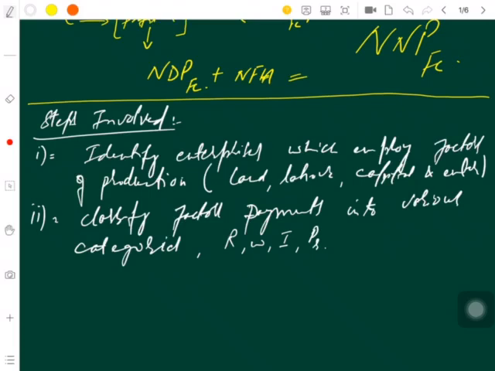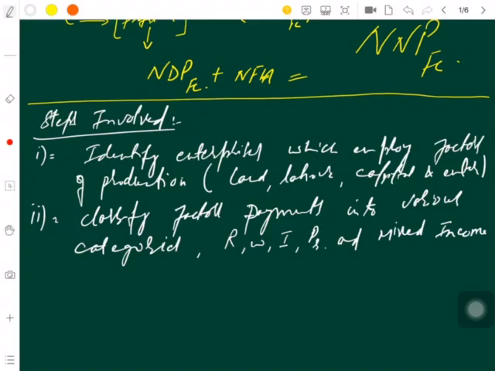After you are able to classify factor payments into these, you must bear in mind that we do not only look into these four things. One more concept evolves, and that is mixed income. There is also one more concept in the economy called mixed income, that is to be classified also.